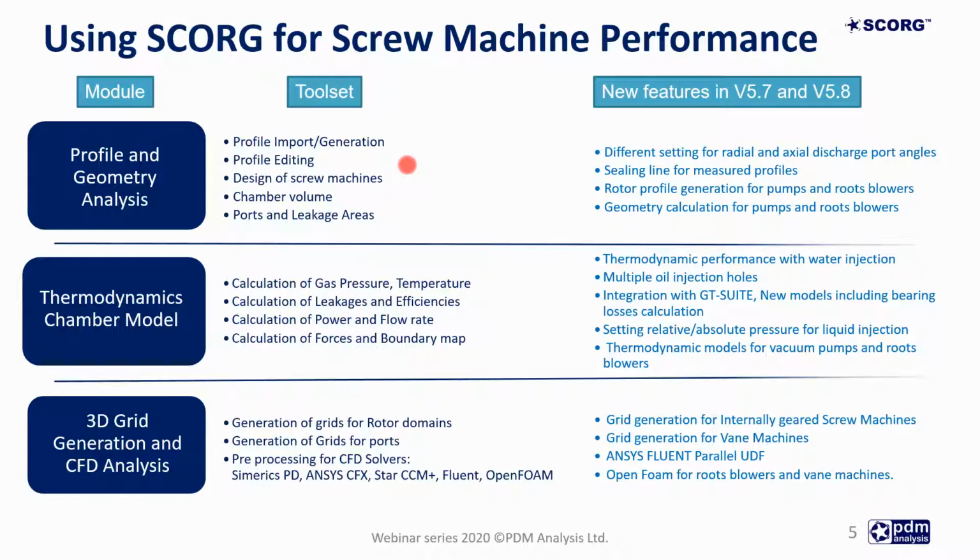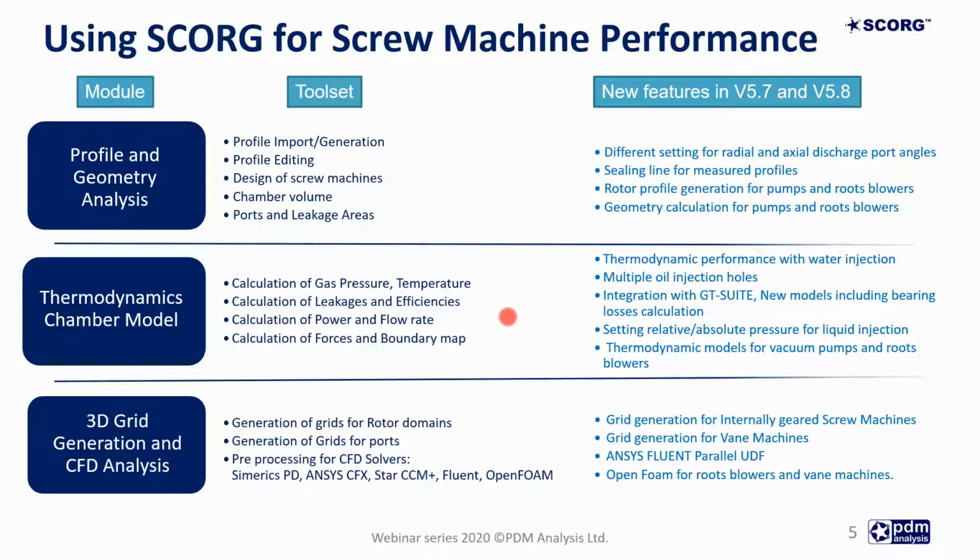And then it is used to set up the machine as you want it to be, and to calculate chamber volume, areas, and other important elements which are required for the second, thermodynamic chamber model.